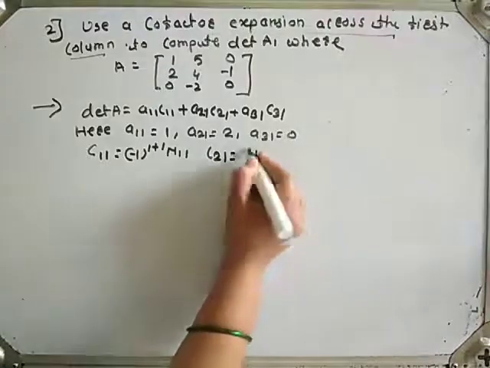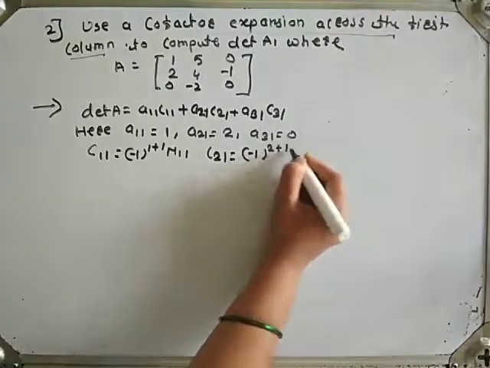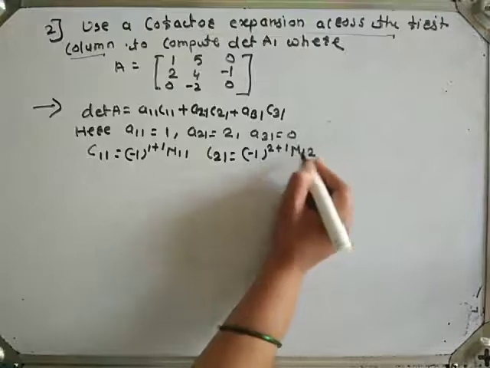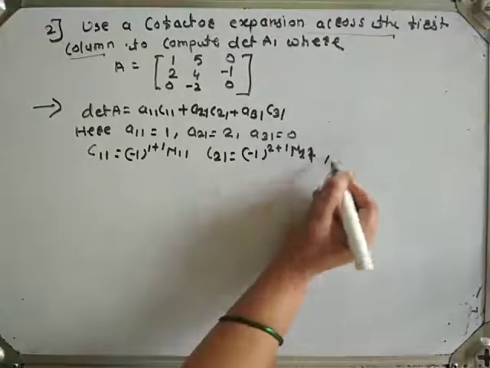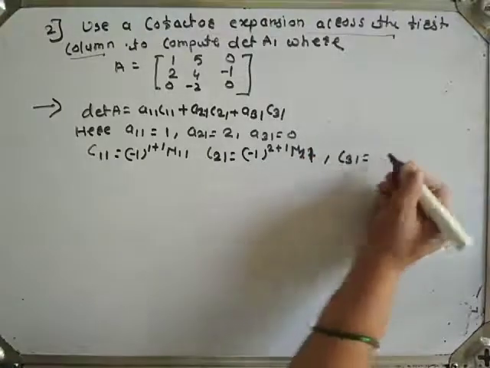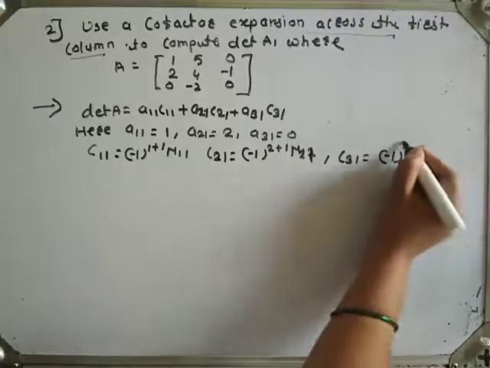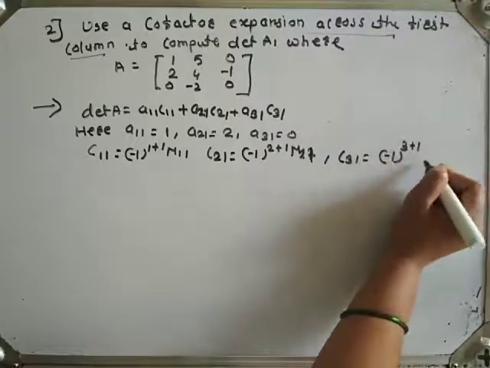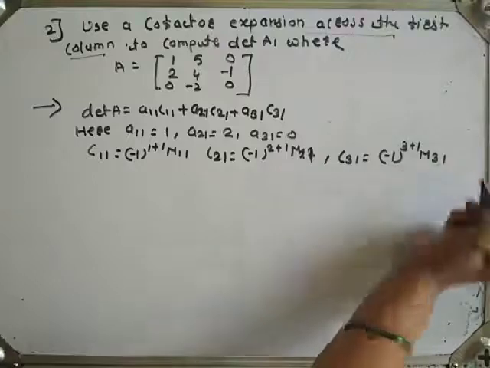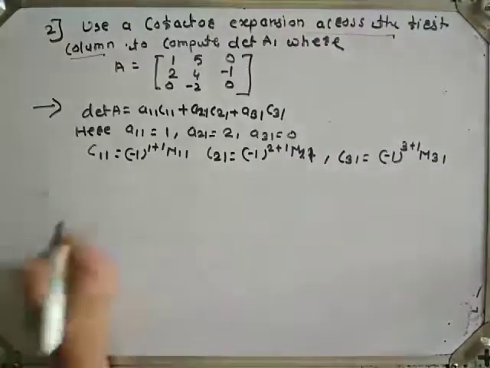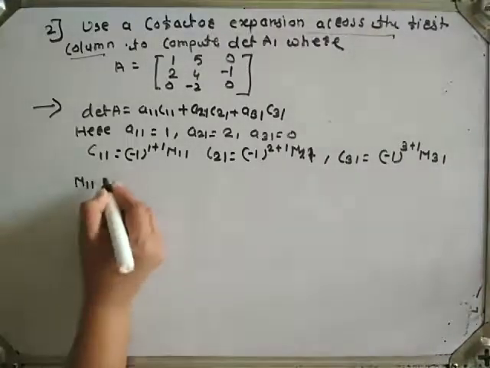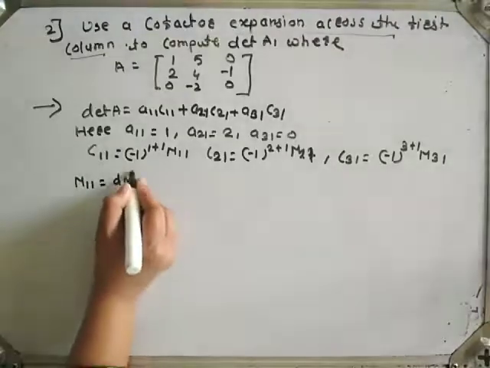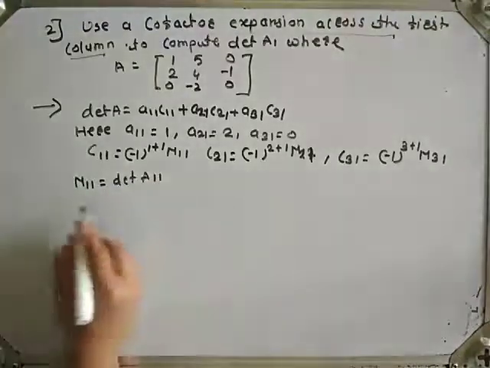C21 is equal to minus 1 raised to 2 plus 1 into M21, and C31 is equal to minus 1 raised to 3 plus 1 into M31.